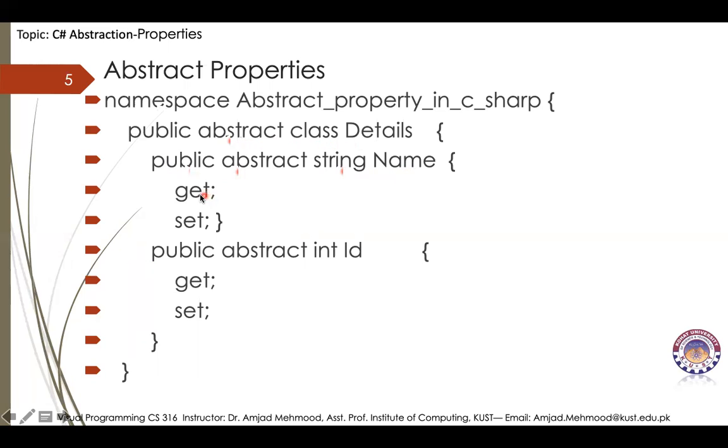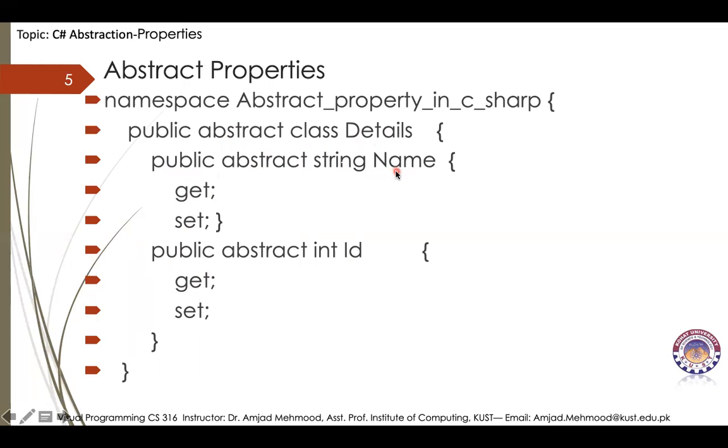This is the property, with get and set. How this will be set and how you will get that. Public abstract int id, and get and set. So the class named details has two public properties which are abstract.